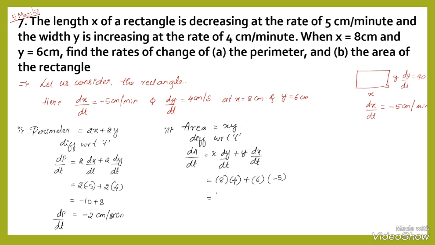Now substitute: 8 fours are 32 minus 6 fives are 30. That is 2 centimeter per minute. The area of the rectangle will be changing at 2 centimeter per minute. This is the solution of the given problem.